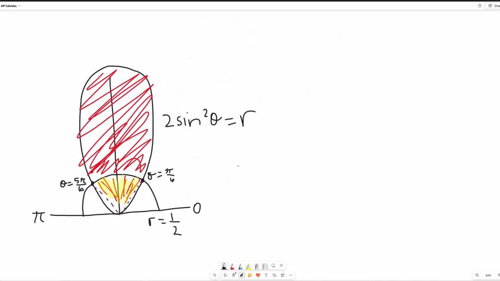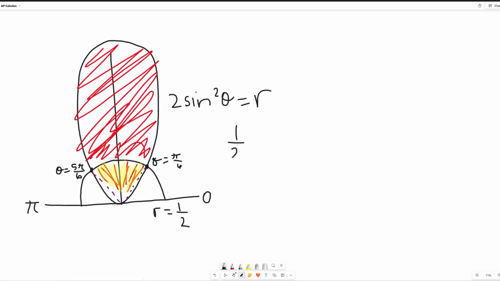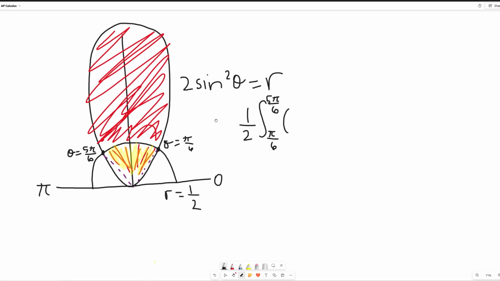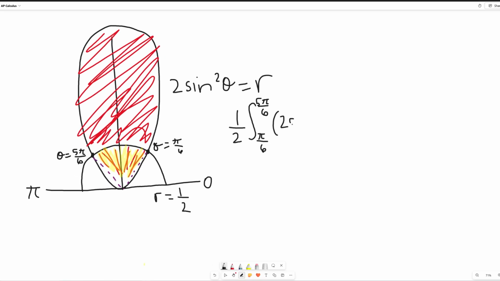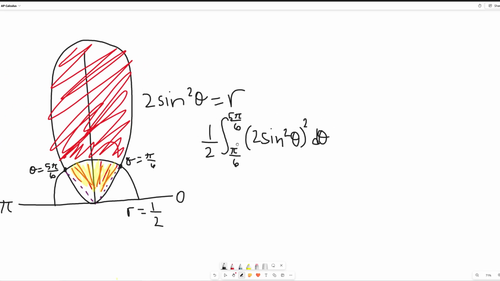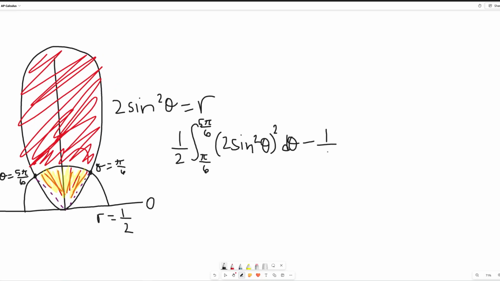So what I mean is, you have the area 1/2 integral from pi over 6 to 5 pi over 6 of r squared, so we're going to have 2 sine squared theta squared d theta. Okay, and now we're going to subtract the integral from pi over 6 to 5 pi over 6 of 1/2 squared d theta.